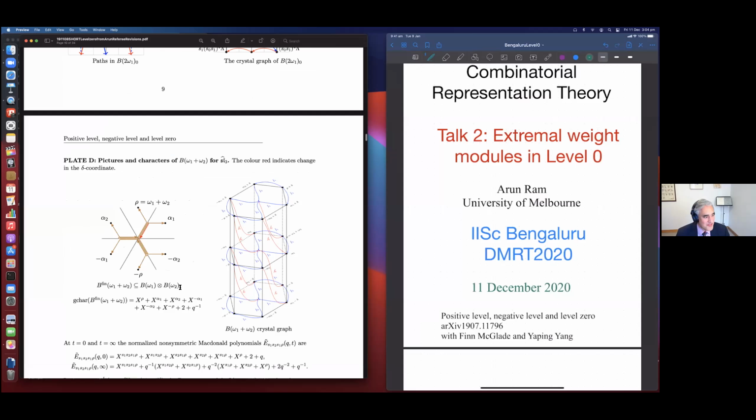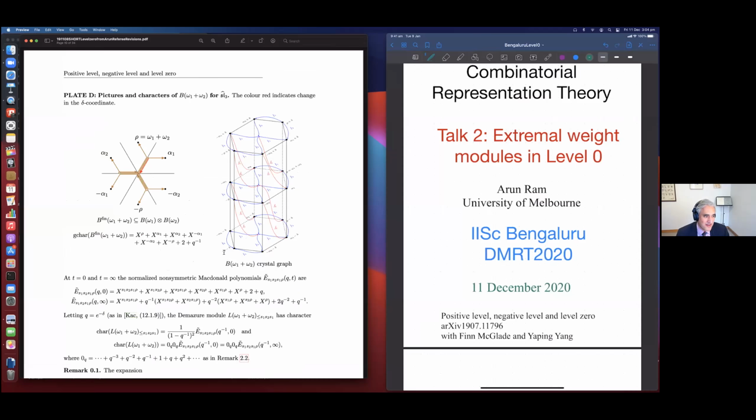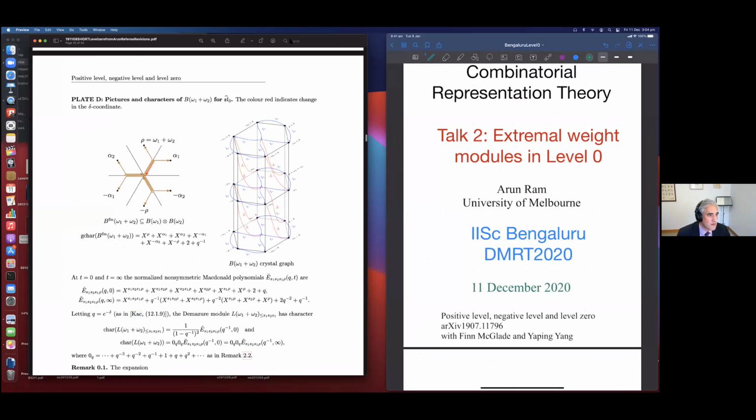Even if you look at this picture, at least for me, I find the structure of these modules very exciting. But I'll show you more slowly as we go.